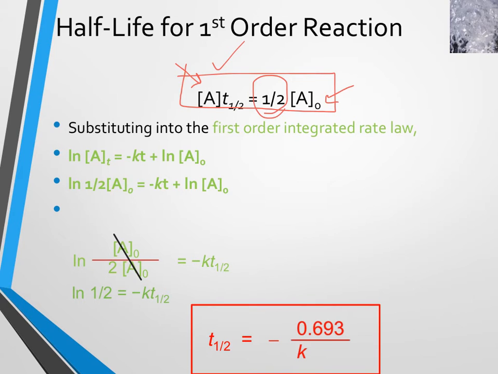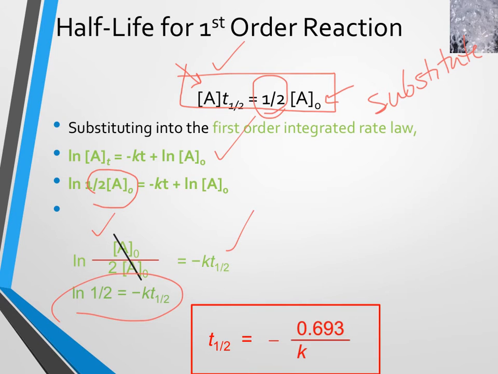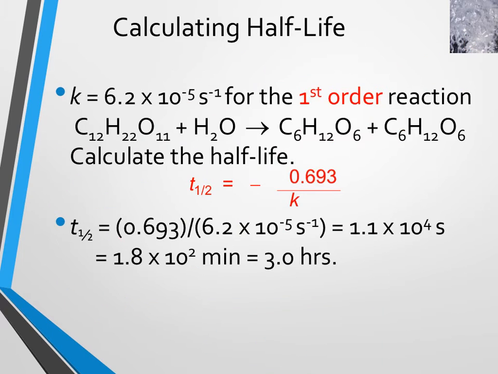So as long as you realize that relationship and then substitute that into the integrated rate law expression, you can always get the half-life expression yourself. So here's the first order integrated rate law. Here is substituting in that relationship. Then this is just rearranging. And then finally, natural log of 1/2 equals 0.693. So that's where it comes from.